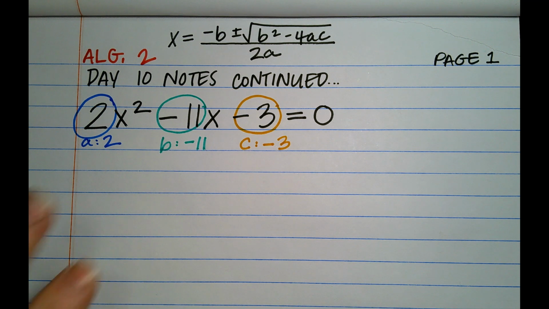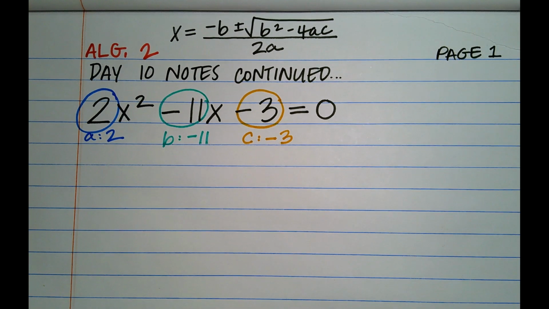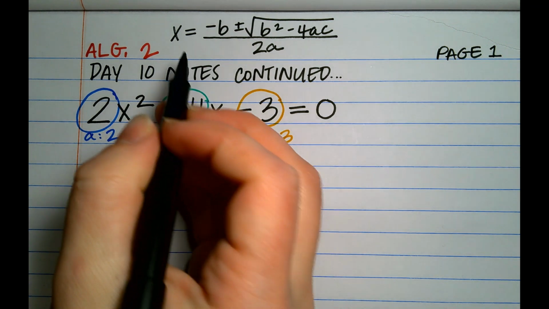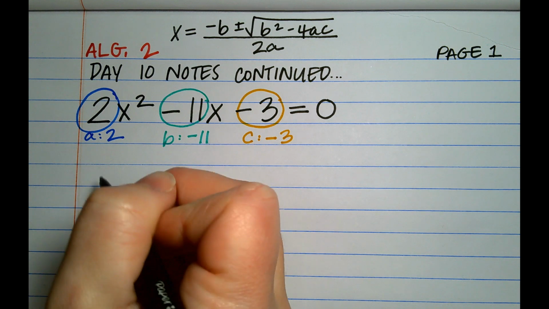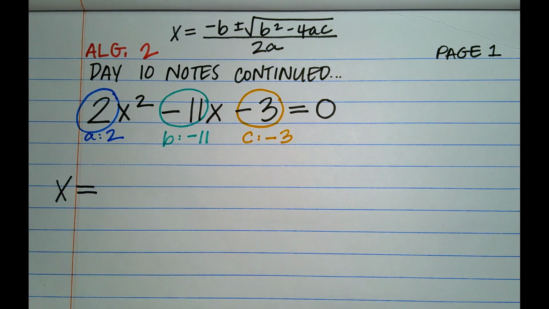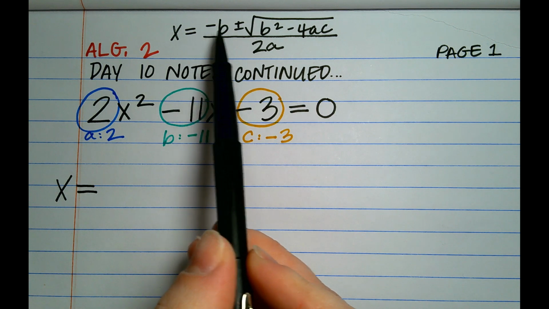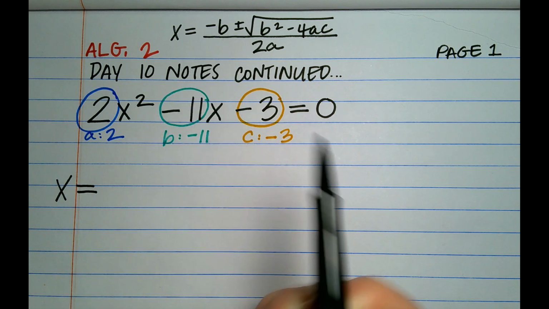So we have our letters labeled, our values. What do I do next? Set up the equation. Let's set up the equation. So slowly, step by step, I have x equals what? Negative.